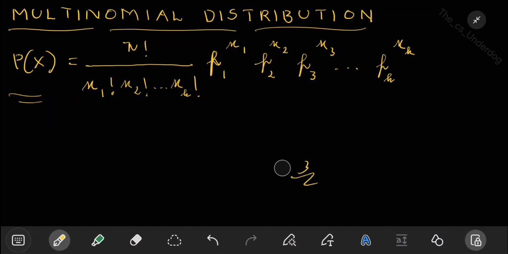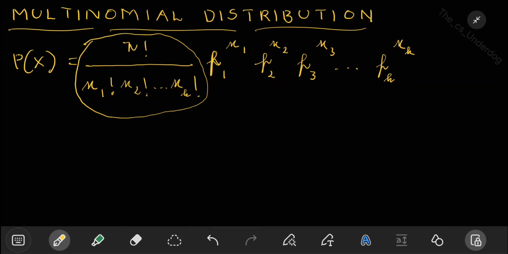So now you have the actual PMF, that is the probability mass function of a multinomial distribution. It includes 2 terms. The first term, which is n factorial by x1 factorial, x2 factorial, x3 factorial up to xk factorial, denotes the number of ways in which you can arrange all these occurrences. And the other terms, p1 power x1, handle all the occurrences of the first outcome. That is, x1 times the first outcome is occurring, which means each occurrence has a probability p1.